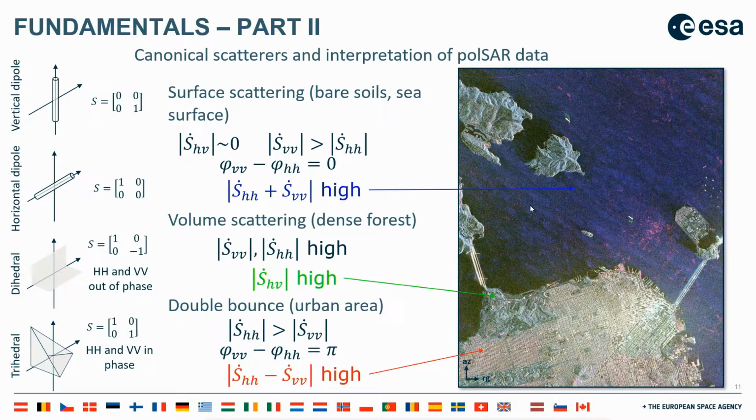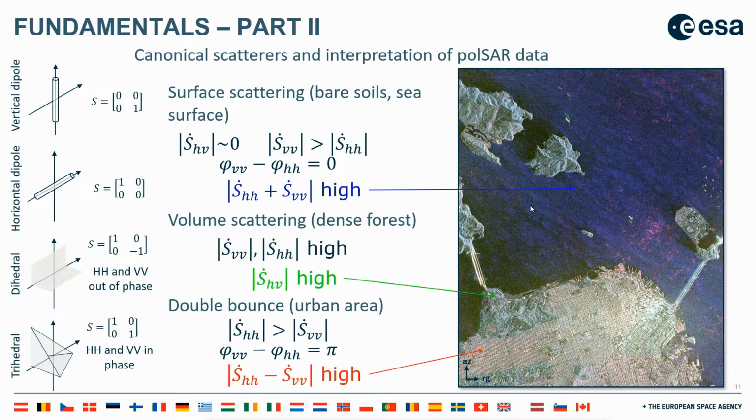So with a vertical dipole, you will only receive a vertical component and the other components will be null. If you have a horizontal dipole, you get only the horizontal component. If you have a dihedral, you will have both copoles, but HH and VV are out of phase. And if you have a trihedral, you have HH and VV with cross polarization null. And in this case, they are indeed in phase.